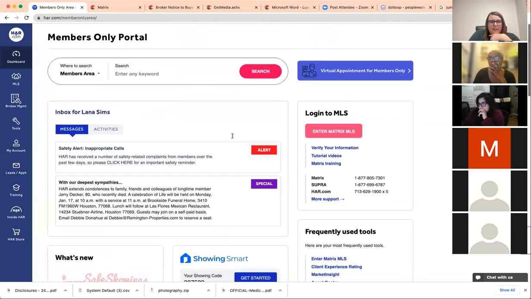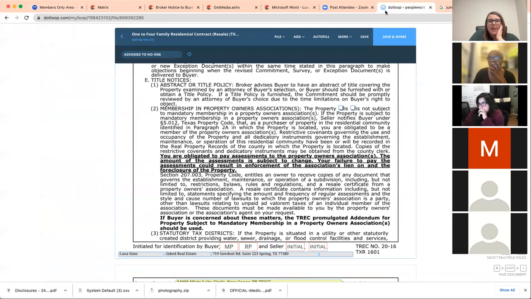I've checked it a few times in the last couple weeks and it's not fully ready yet, but it's a database for management companies to create a login. It's not for us to create a login, but these management companies will create a login and post all their documents there. It's one national database of HOAs and their deed restrictions.